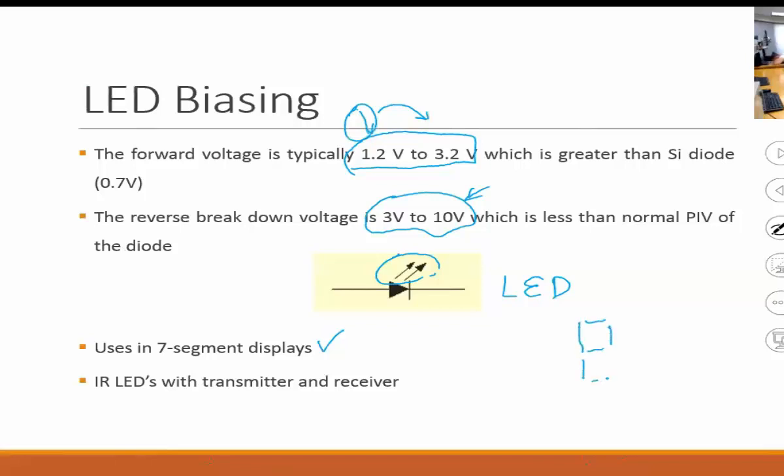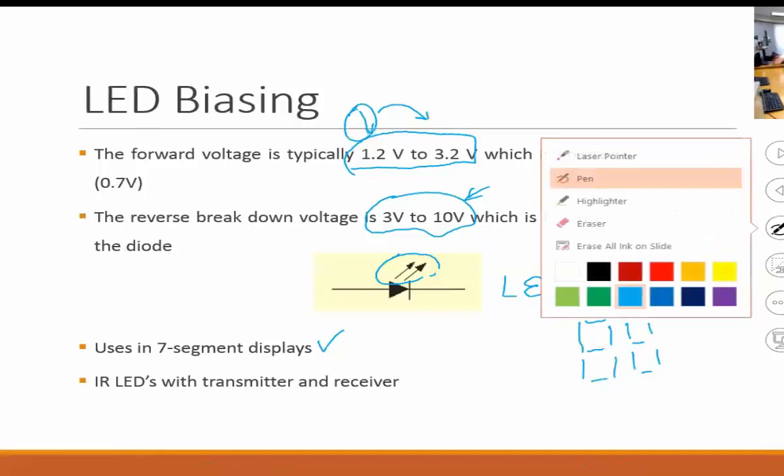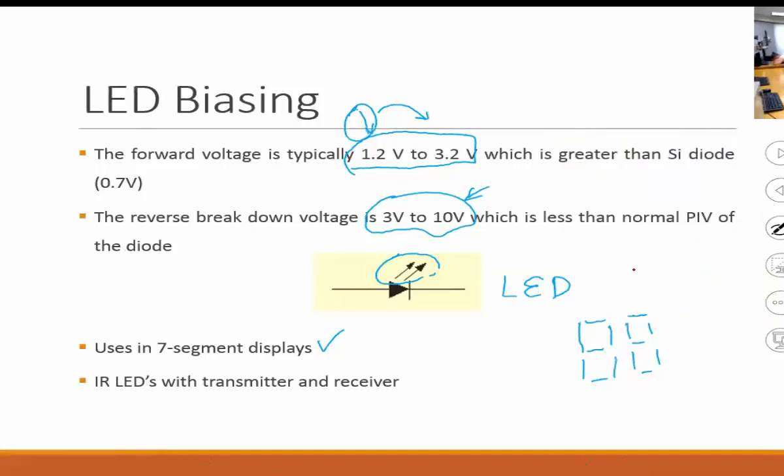The shape looks like this, probably like 2 digits. If you count, I have 7 lines in here. Each line in here is an LED that will be lighting.